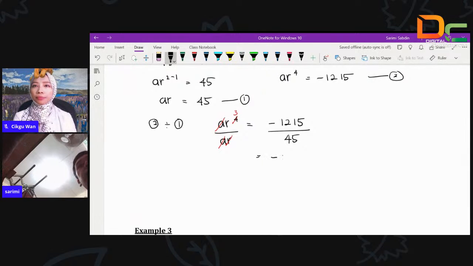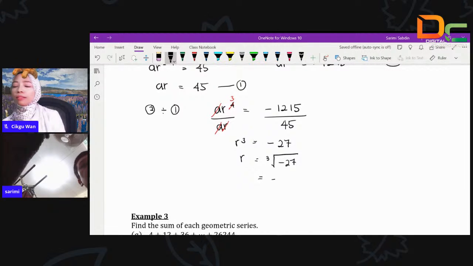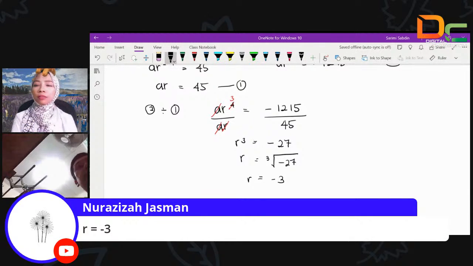So R cubed equals negative 27, so R is the cube root of negative 27. Using the calculator, we get R equals negative 3.